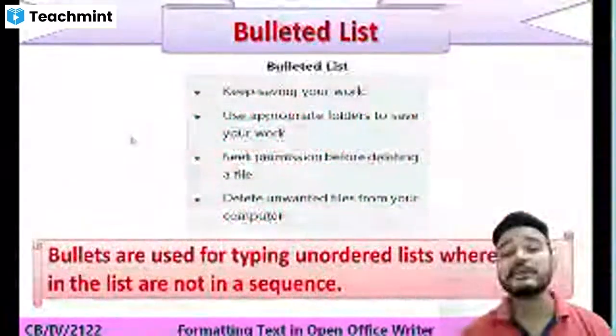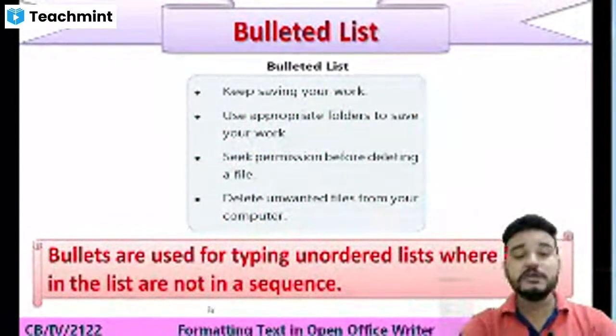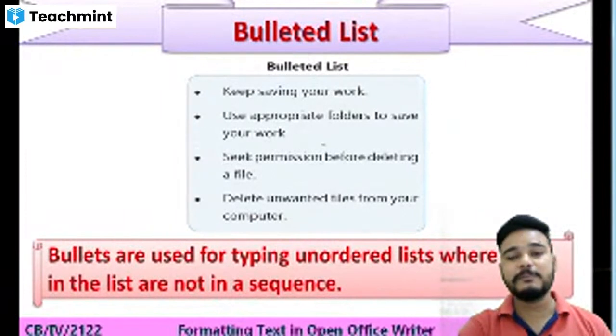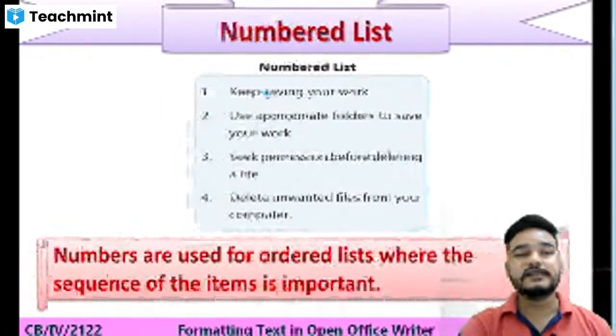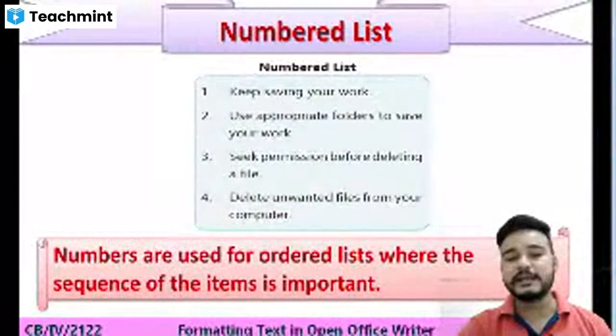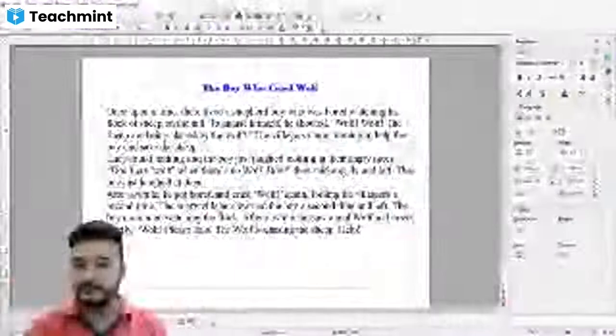So how do we make a bulleted list? Here is one example of a bulleted list, and this is another example of a numbered list. Now we will prepare one bulleted list as well as a numbered list.